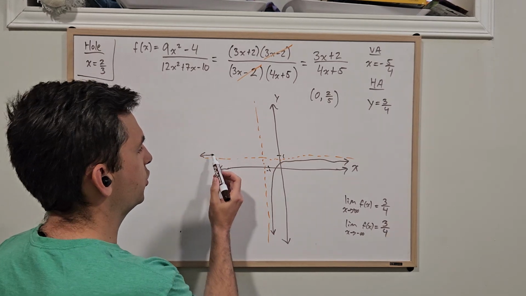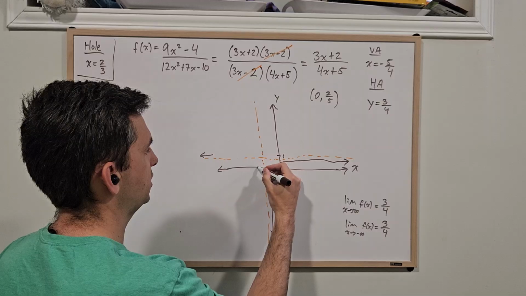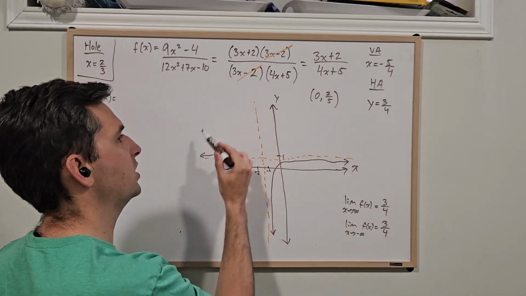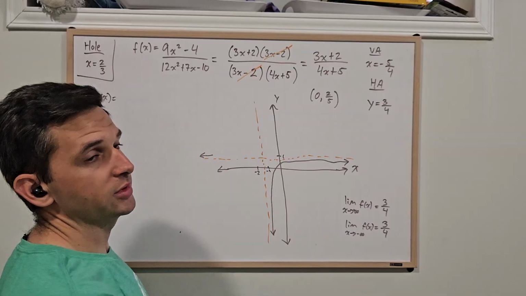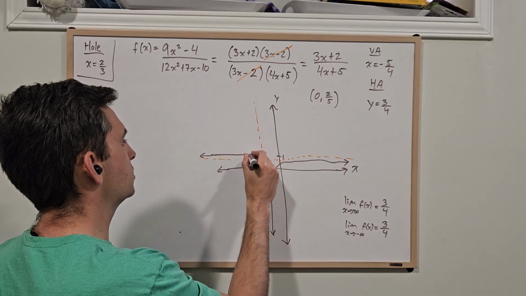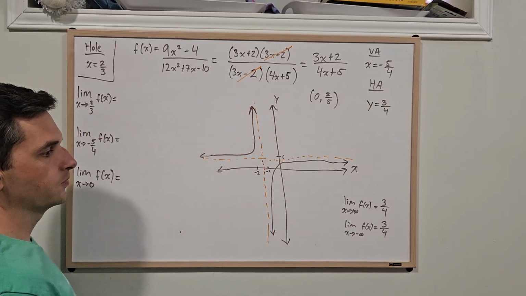If we want to confirm that the graph is on this side, we can plug in a point. Say you plug in negative 2 into your function, you'll see it gives you some y value in this area, confirming that it is actually over there. So this one is going to go this way, and it'll look something like this.